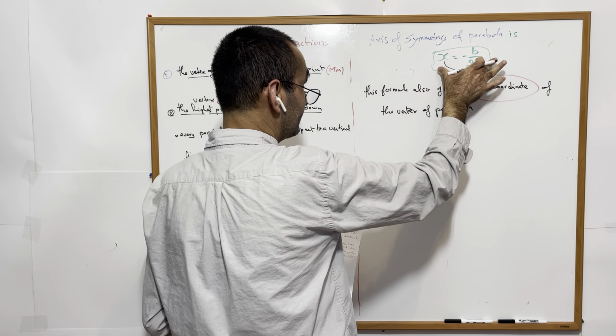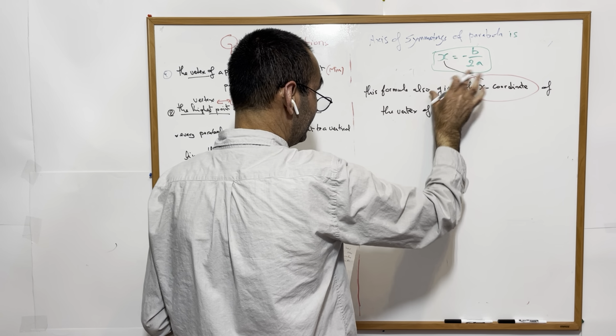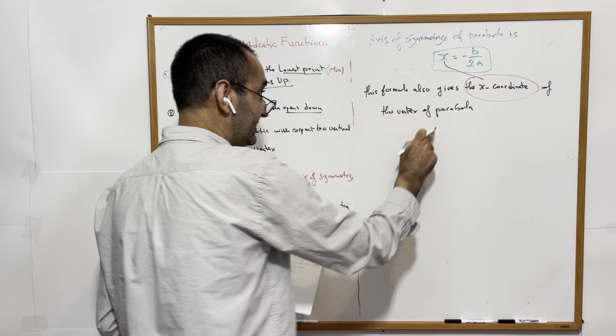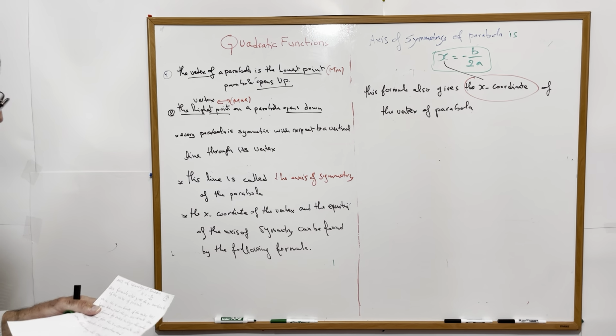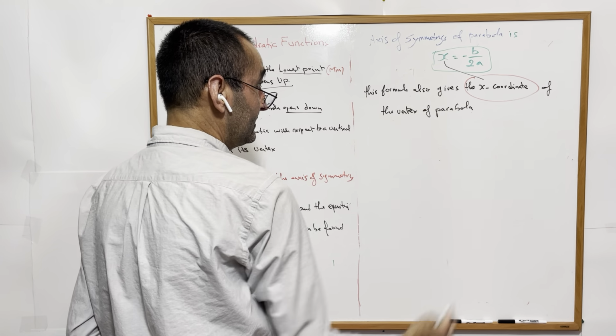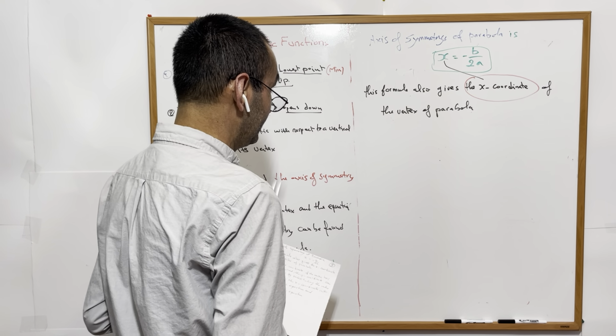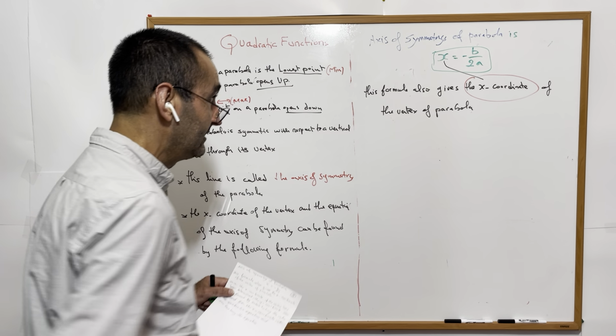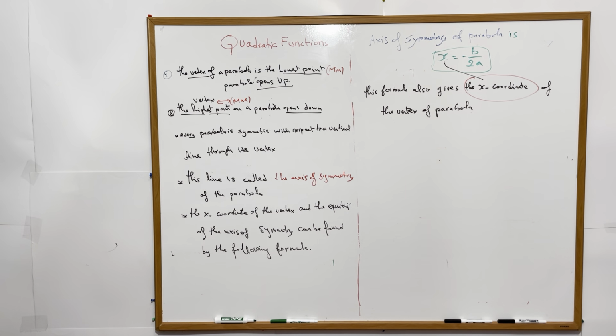This is the axis of symmetry, and this also is the x coordinate of the vertex. It is very important. This x is the same thing: the axis of the parabola and the x coordinate of the vertex.